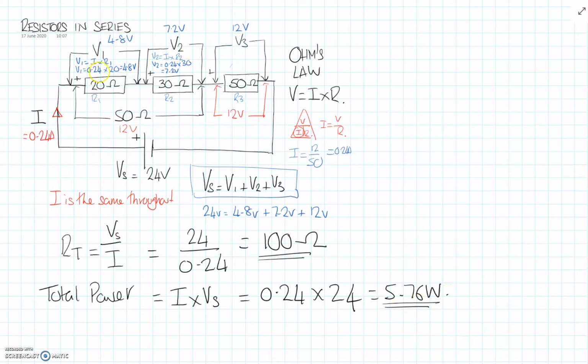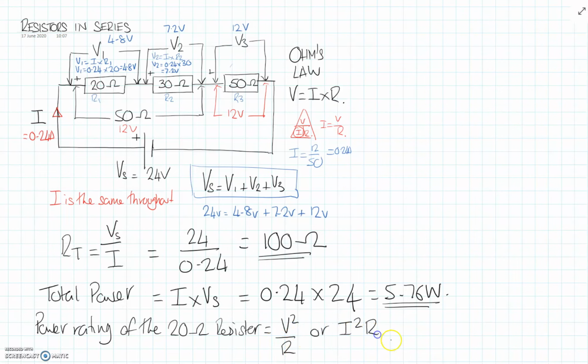Let's just say we wanted to work out the power rating of the 20 ohm resistor. Then we could use a multitude of formulas. We could use V squared over R, or we could use I squared R, which is a little bit more popular, or common should I say.